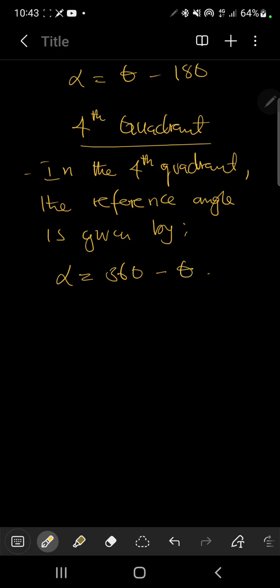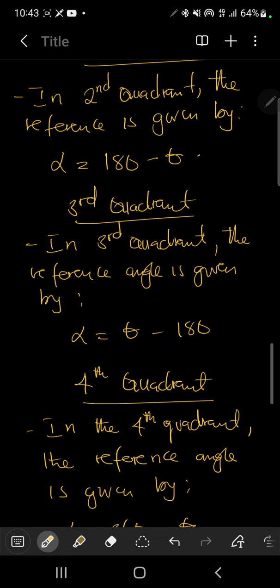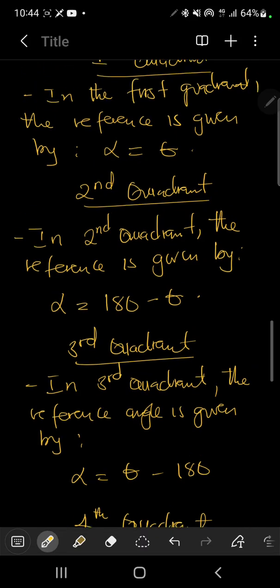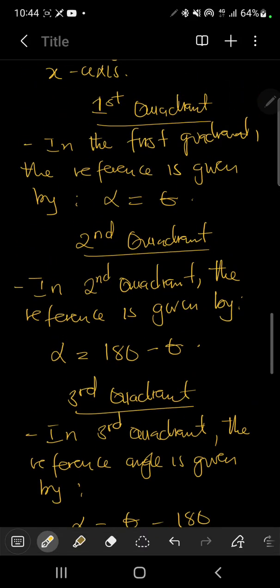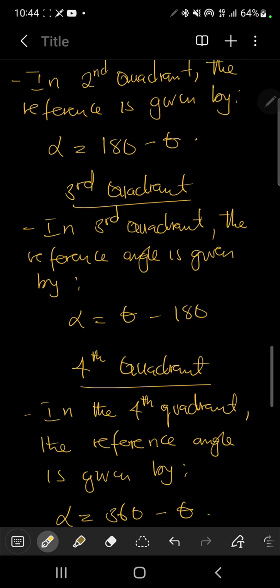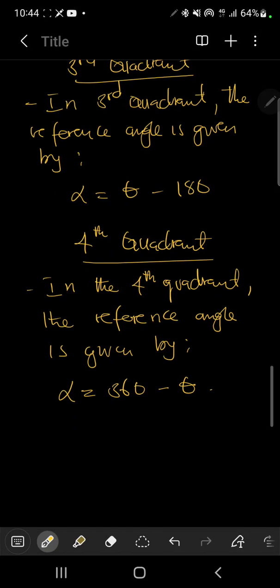Minus theta. So this is how you find it. You must commit these things to memory. You need to know how to find your reference angle in the first quadrant, second, third, and fourth. So you must commit these things to memory.